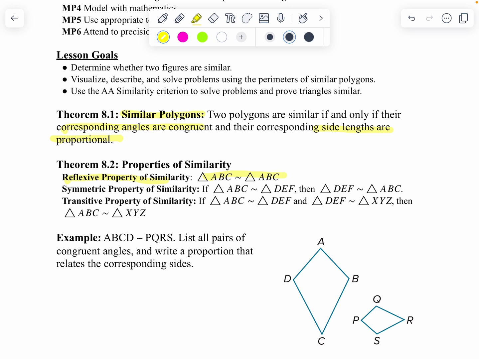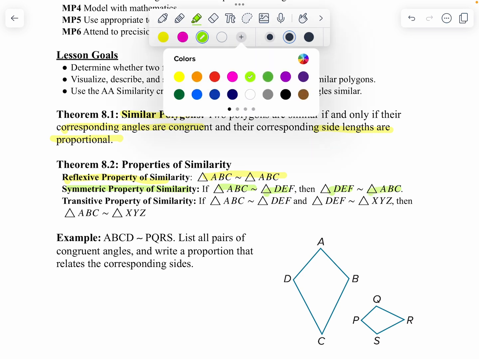The symmetric property says that if triangle ABC is similar to DEF, then DEF is similar to ABC. And then we also have the transitive property.